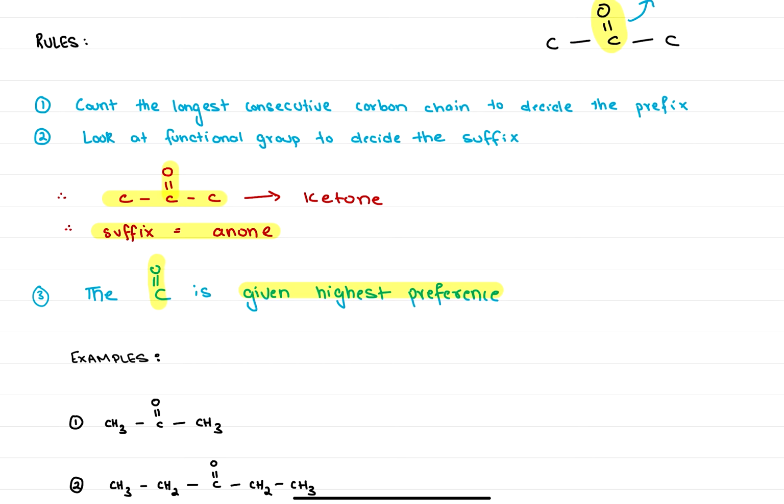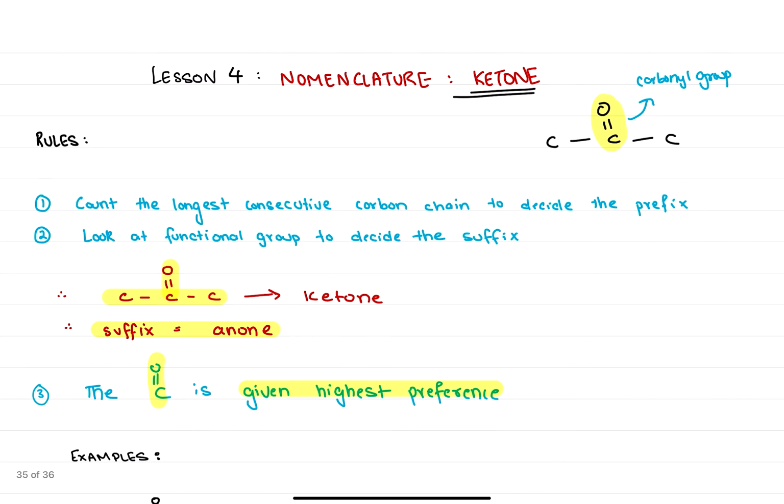Now, there's one important thing that I want you to note over here. The smallest possible ketone that you can make is going to be what? Just think for a second. You need 1, 2, and 3 carbons to make a ketone. So what is going to be the smallest possible ketone? I hope your answer was propanone.